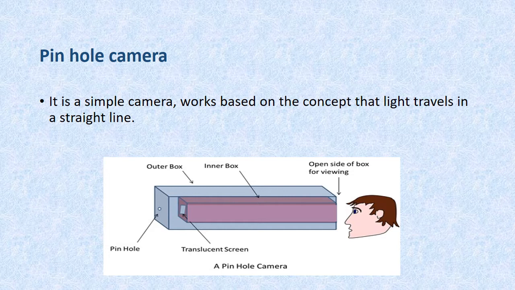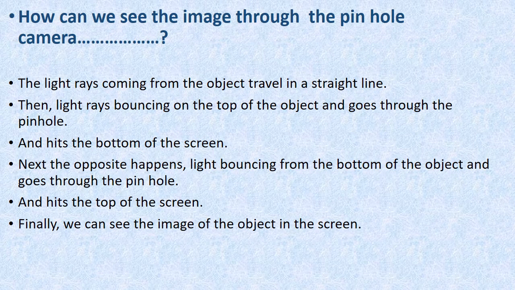The pinhole camera lets light into a dark box through a pinhole, so the image of the object can be seen on the screen. We will take a look at how the images are formed in the pinhole camera. How can we see the image through the pinhole camera?